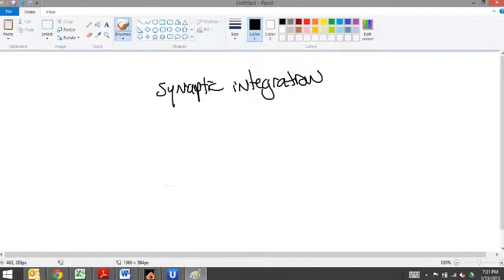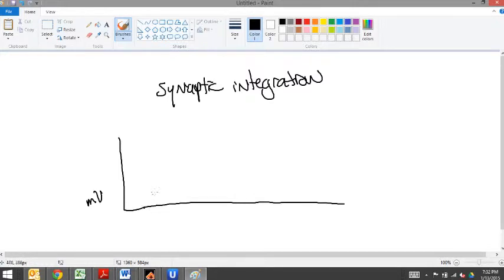Say in a cell, this is just a chart here, it's not actually a cell. Let's say on the y-axis we have voltage. I should be very careful, we're not talking about action potentials, we're talking about changes in the membrane potential.